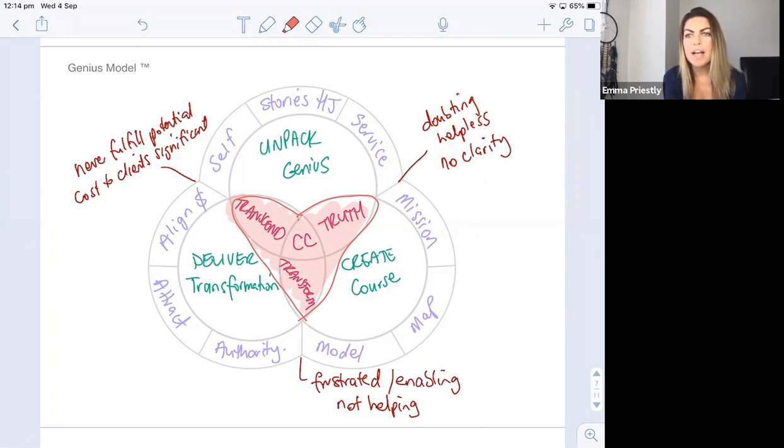This is about unpacking your genius and creating something transformational so that people can find you, so that the people that you have a solution for can actually move on with their lives. You have that power.